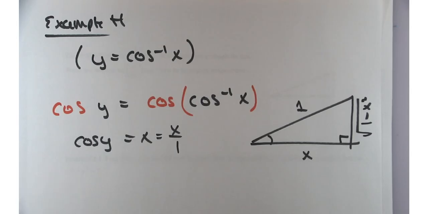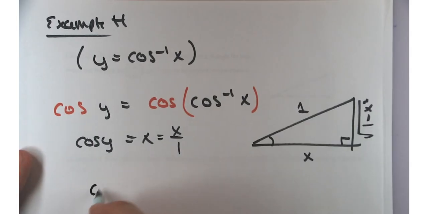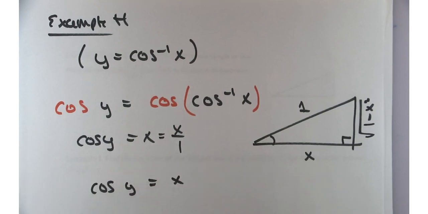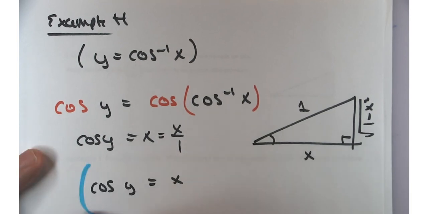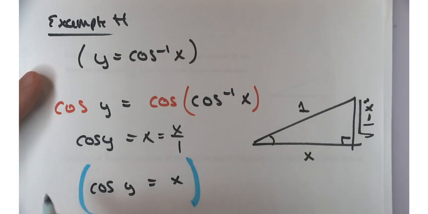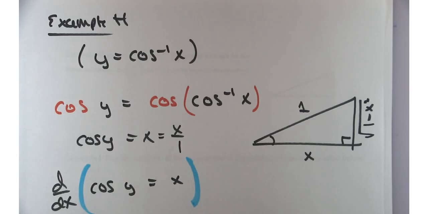Okay, so we did a lot of work here. This is just set up for stuff that we have coming. We've got this cosine of y equals x, and I'm going to take the derivative on both sides with respect to x. So d by dx. Now since I'm differentiating some function of y with respect to x, I'm going to put that little box around this.